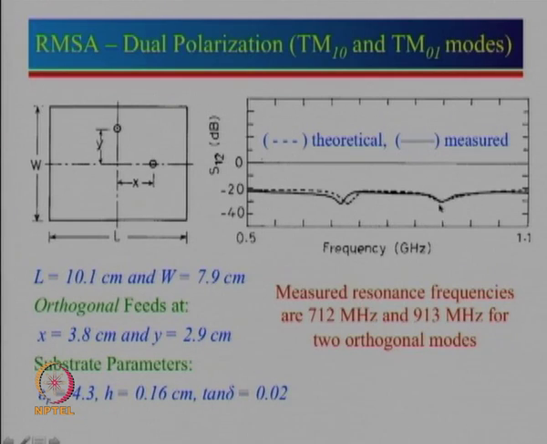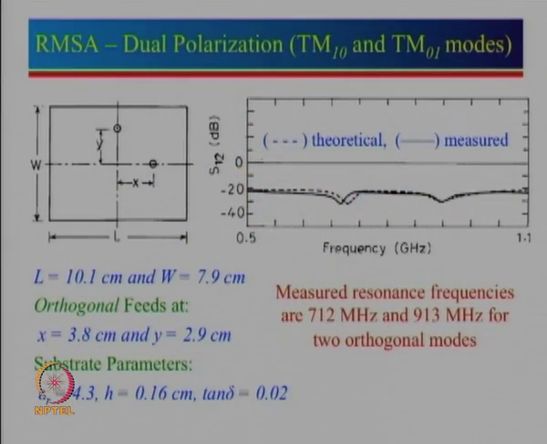You can see that the predicted value is much better here, slightly less here, but what one can see is that isolation between the two is less than 20 dB across the band, but along the resonances it is close to 30 dB. So, that means if we feed at these 2 points, there is an isolation of roughly 30 dB.